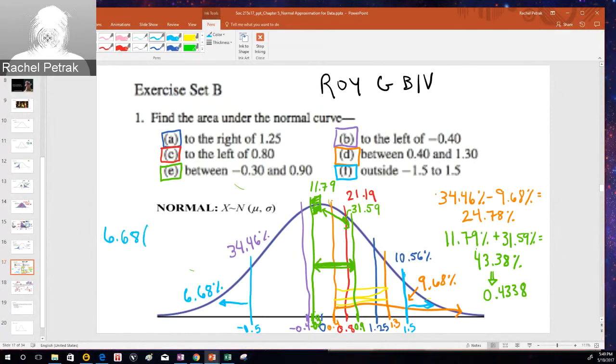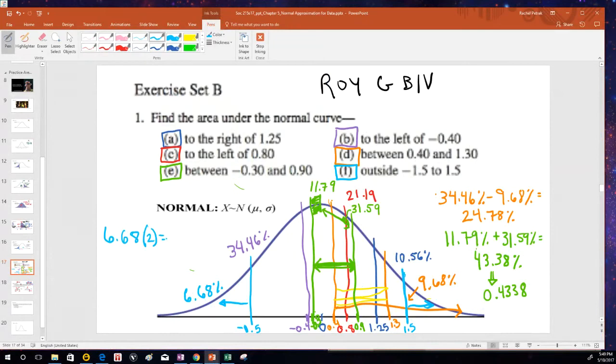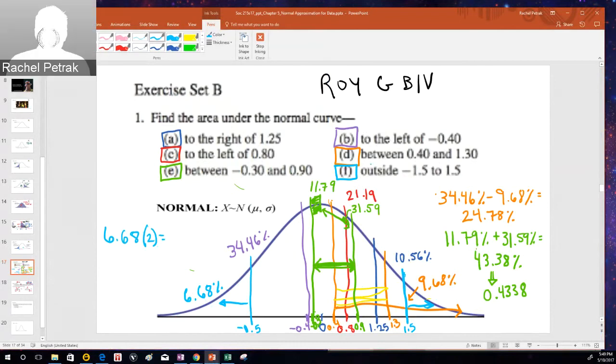So you can just multiply by 2. And we know that the area is 13.36%.